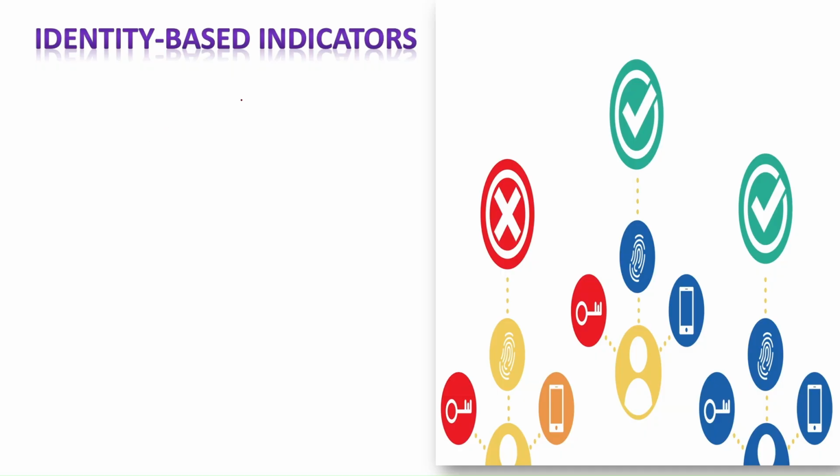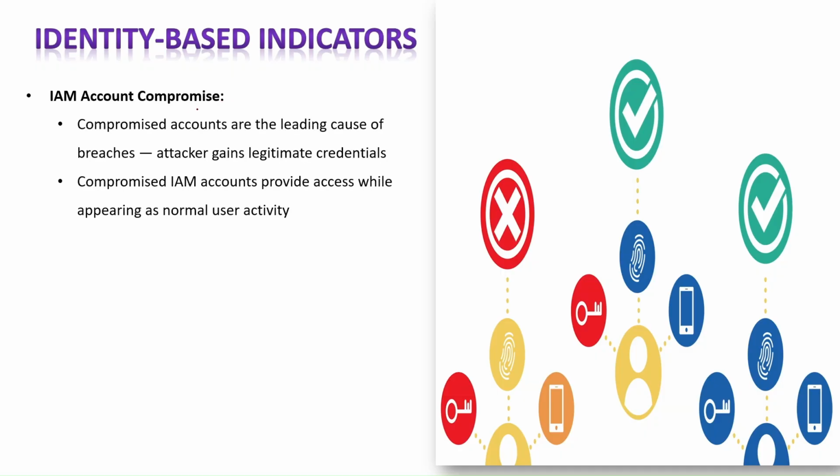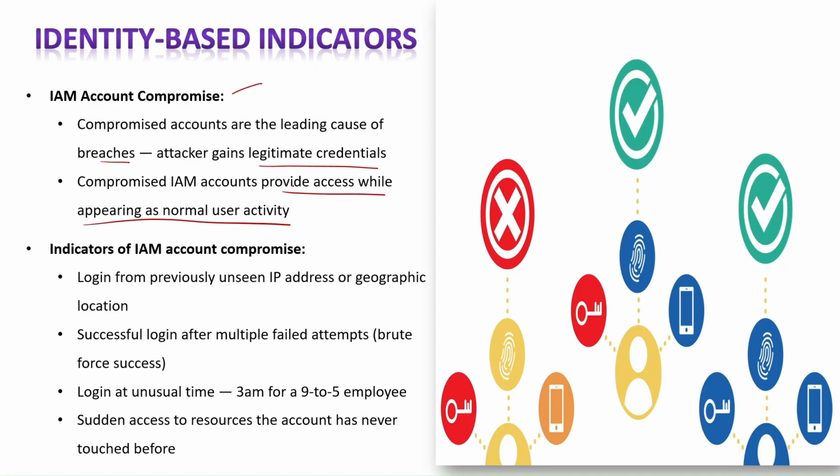So identity-based indicators include identity and access management account compromise. Compromised accounts are the leading cause of breaches. Attackers gain legitimate credentials. Compromised identity and access management accounts provide access while appearing as normal user activity.